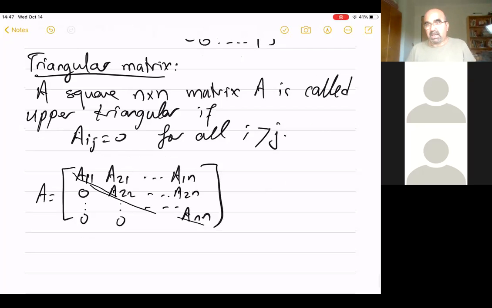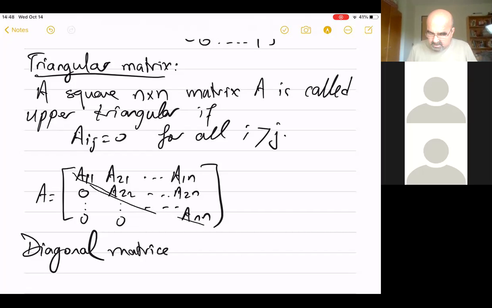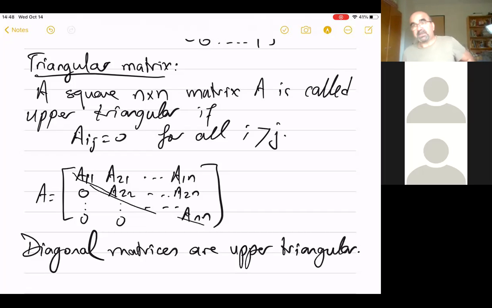And along the diagonal or above the diagonal it may be 0 or it may not be 0. So this is an upper triangular matrix. In particular, diagonal matrices are upper triangular.